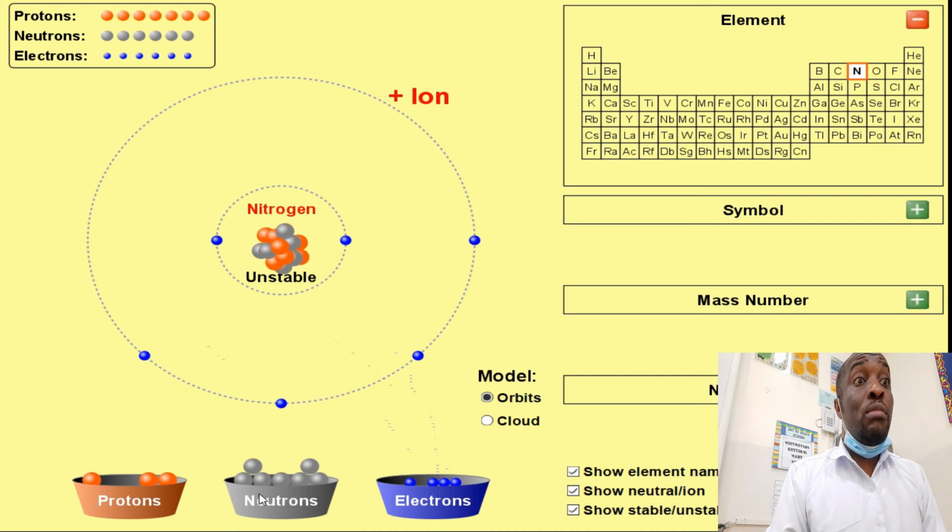But it is unstable, so we add a neutron, and an ion, we introduce an electron. So it is neutral with what? Stable nucleus.